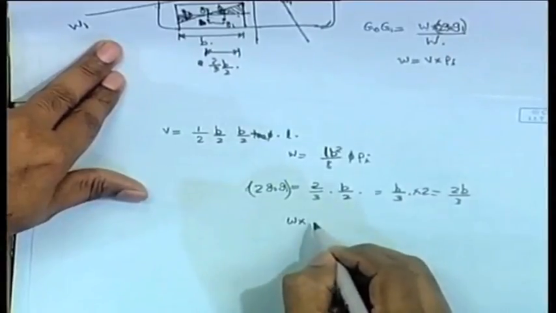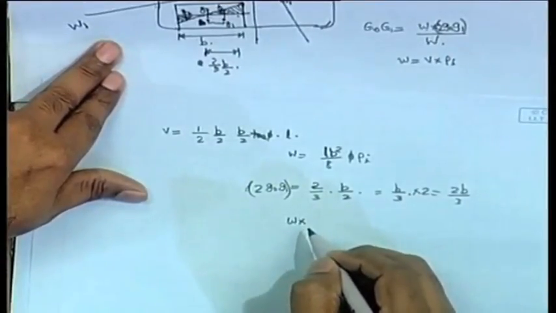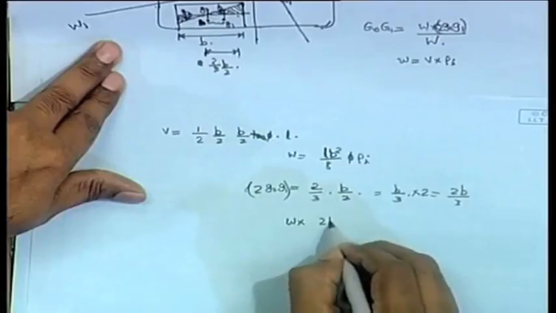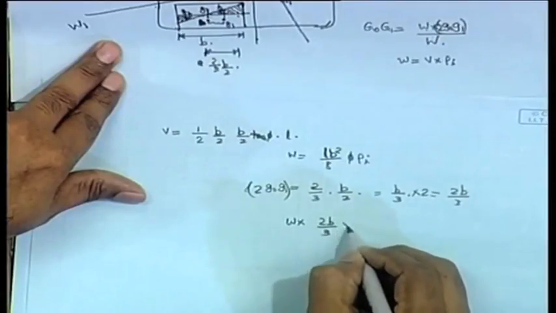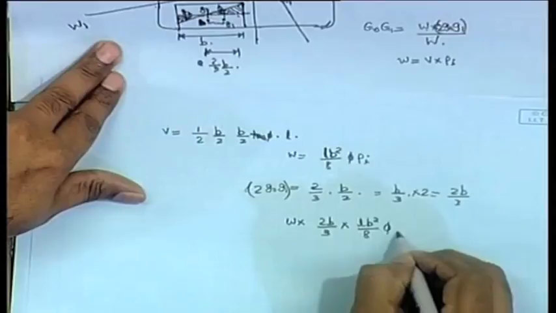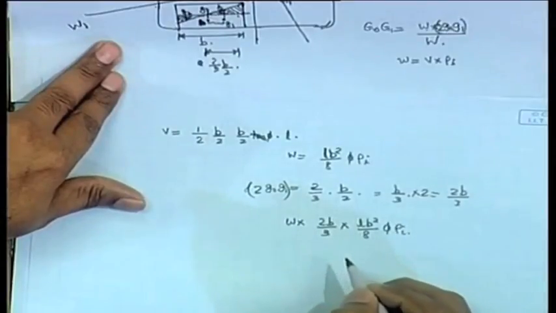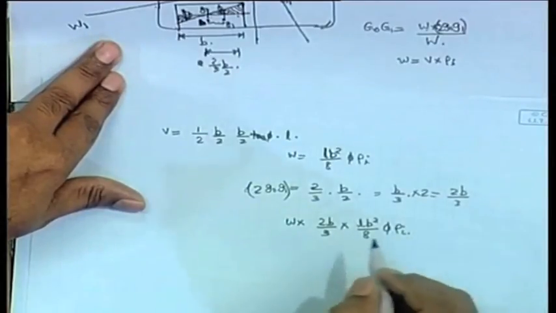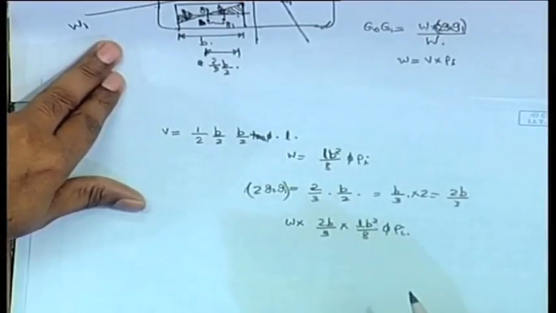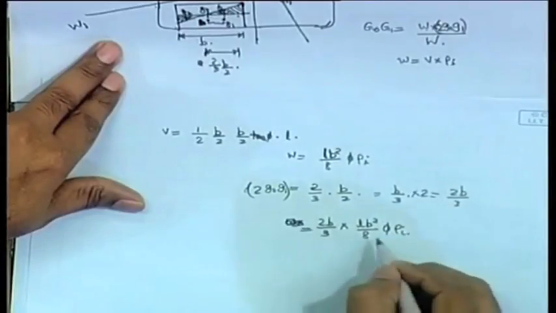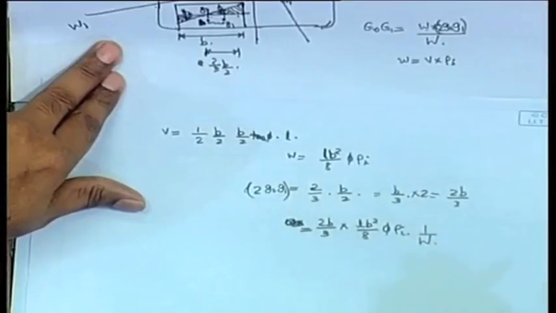So, W into 2 G0 G1, 2 G0 G1 is 2 b by 3 into W, W is L b square by 8 into phi into rho I, divided by capital W. So, this will be the distance through which G0 G1 will shift, capital G0 G1.